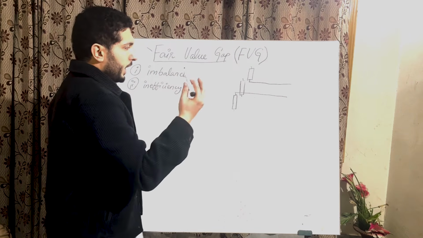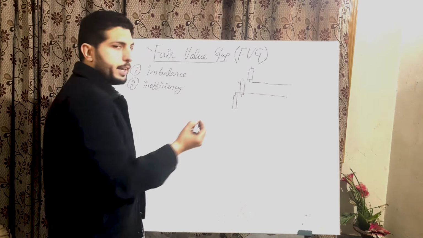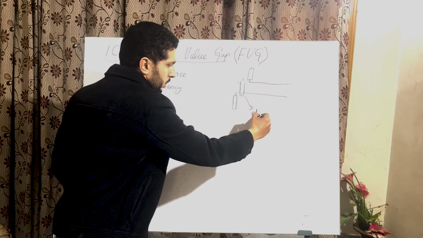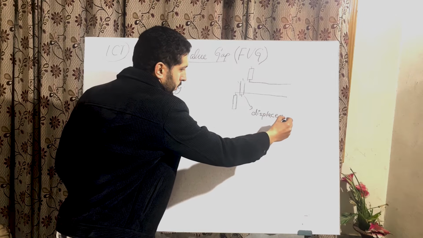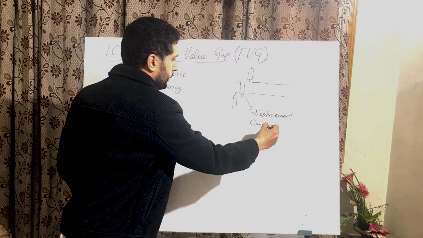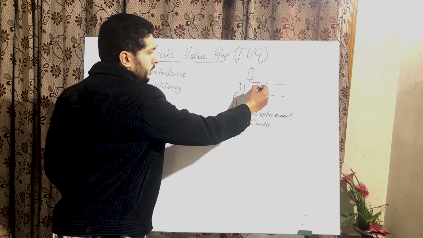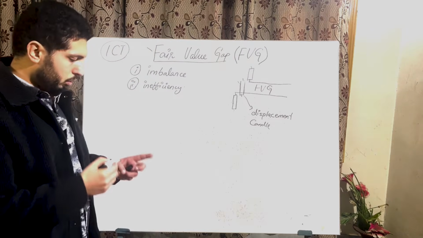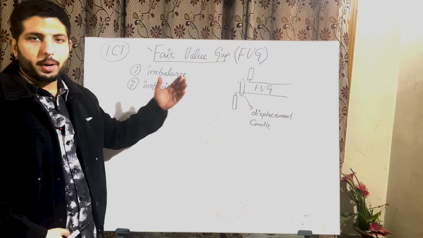The second candle, which forms the gap, is known as the displacement candle. And the gap which it created is known as the fair value gap. So this is how we draw a fair value gap in the market, and it was a buy side example.